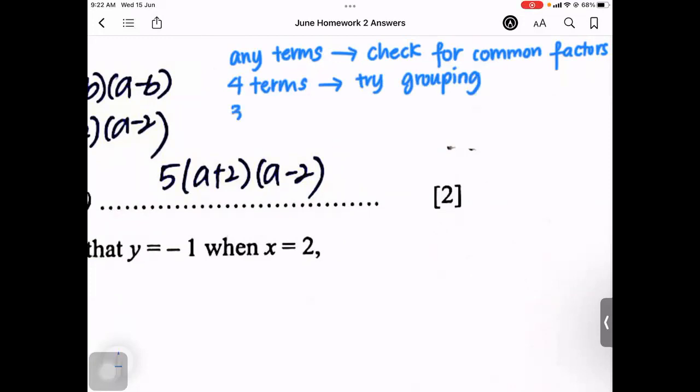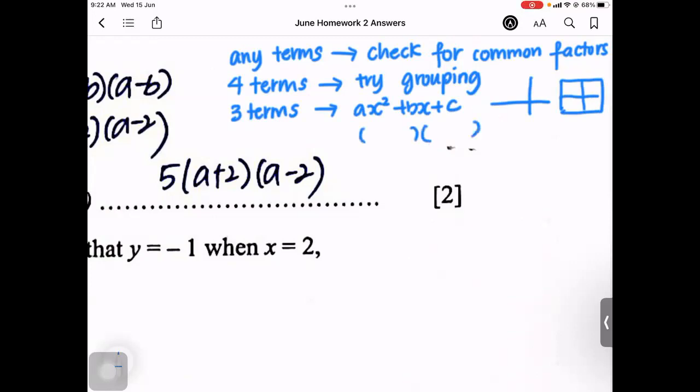When you have 3 terms and it involves a quadratic expression of the form ax squared plus bx plus c, then you can do the trial and error method or the cross method, or I don't know, some of you do the window method. They're all the same. Or you can use your calculator to get it into something times something.